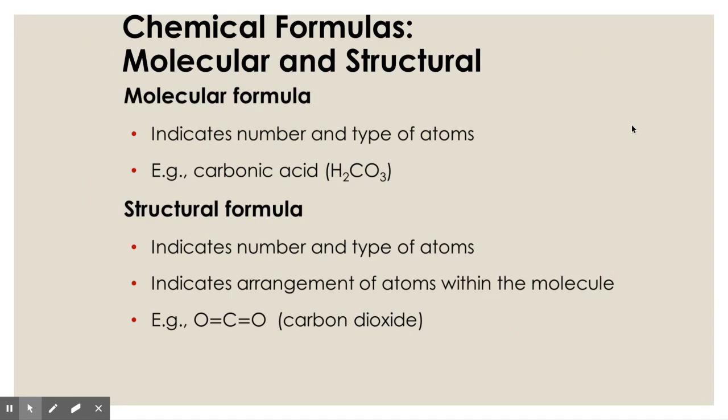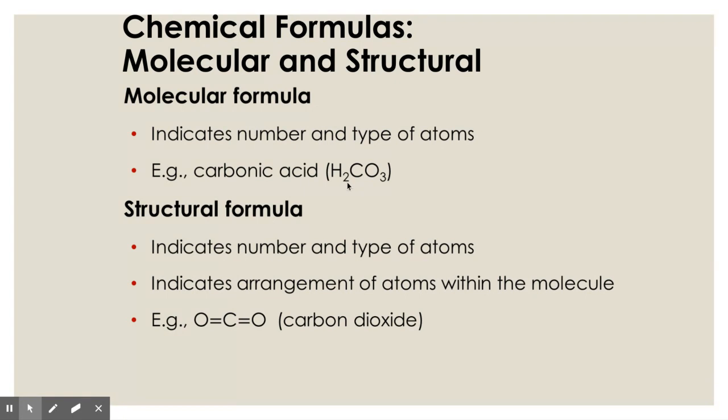Okay, so in order to show these different kinds of bonds, we need chemical formulas. And there's really 2 main ones that we'll use. We can have the molecular formula, which tells us the type and number of atoms. For example, carbonic acid, we would write it as H2CO3. The H being for hydrogen, it's what we would see on the periodic table.